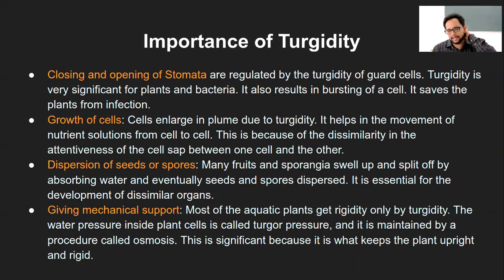Then giving mechanical support: because of turgidity, plants can maintain an upright position, because a lot of cells are packed within a space, which gives a very tough or rigid structure to the plant. So these were the 4 points that we had looked at till now.